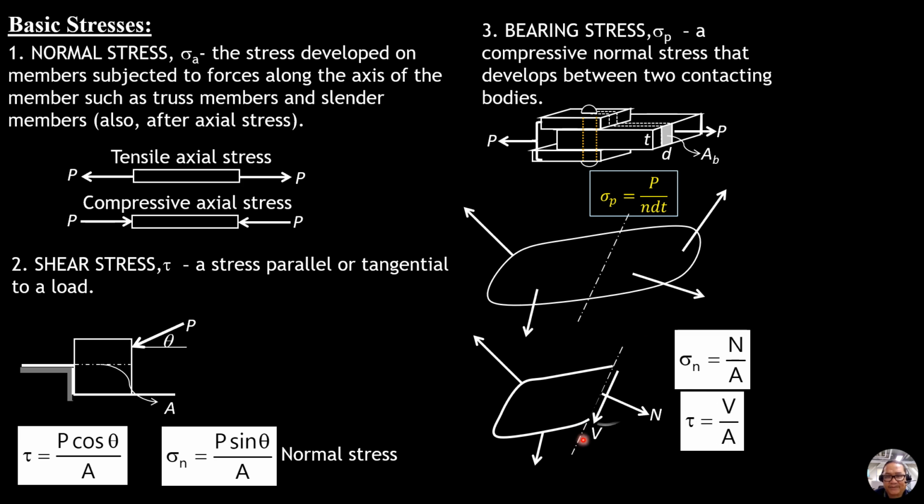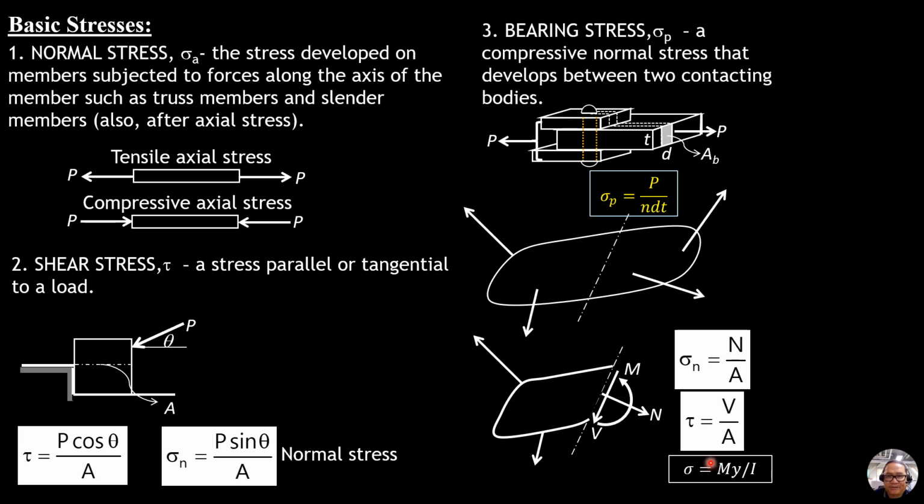And lastly, we have bending moment M, and therefore the bending stress is in general My over I. The maximum value would be when y is maximum, and that happens at the outermost fibers. This bending stress is either tension or compression, depending on the configuration of the deformed shape of the body.